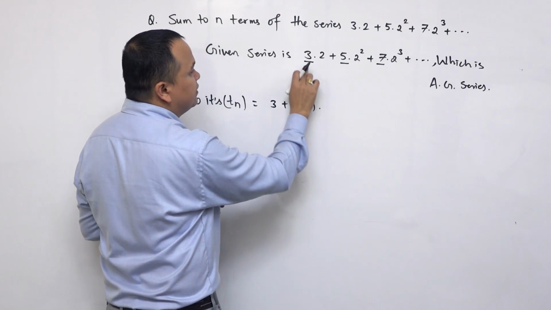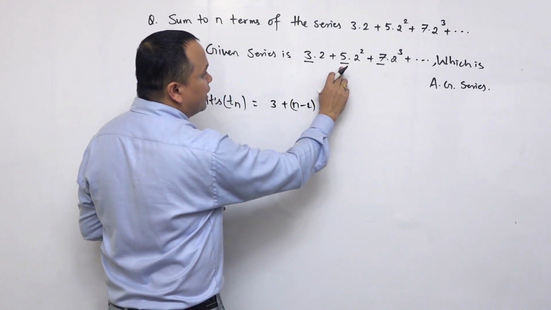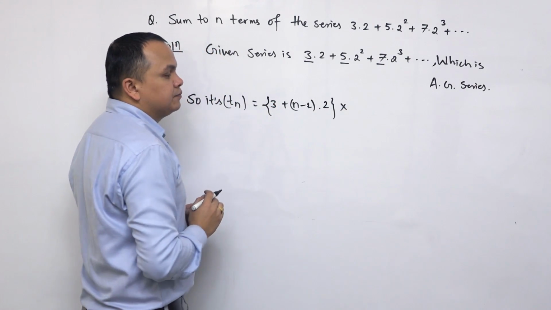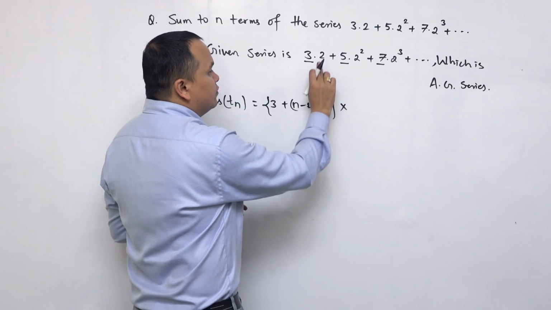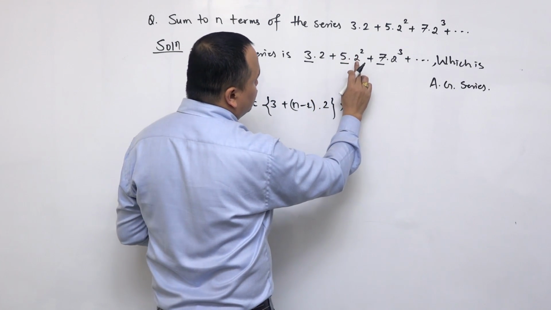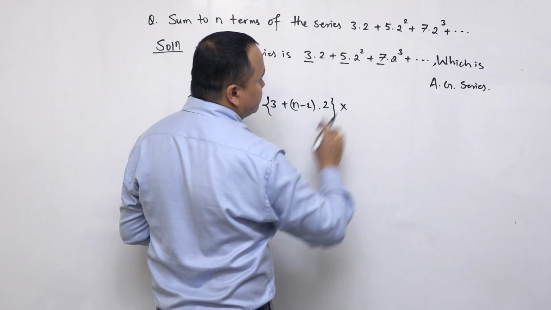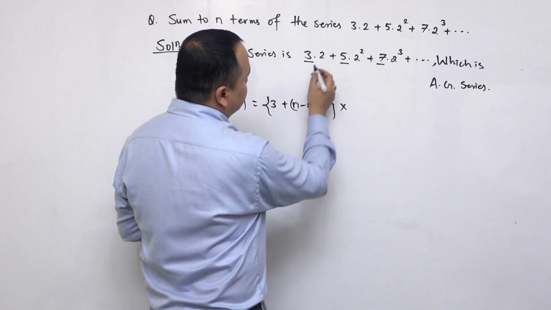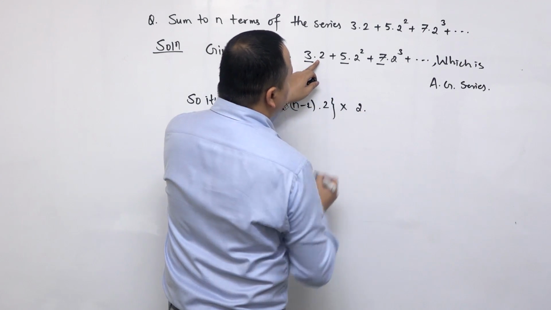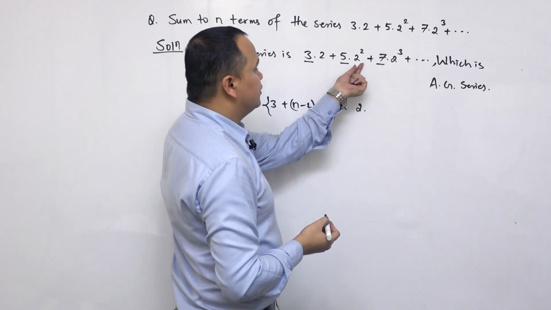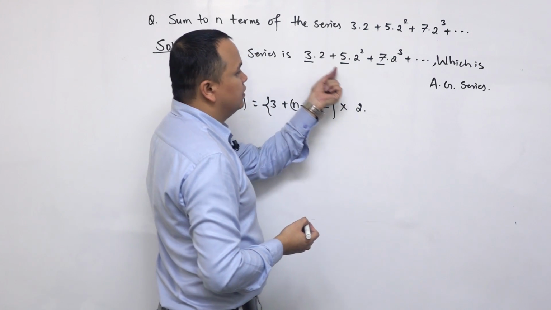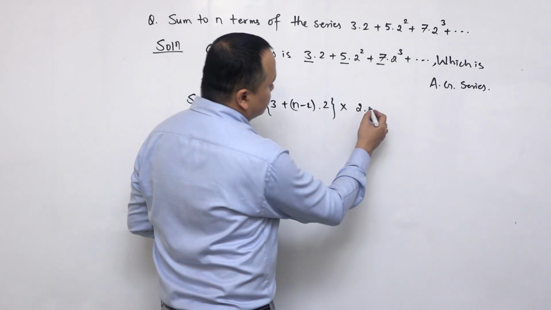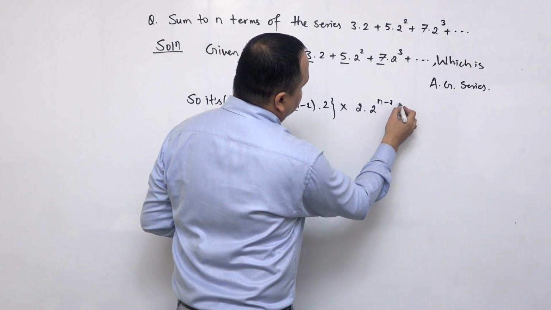The 5 minus 3, 2, 7 minus 5, 2, into the Tn of 2 square, 2 cube, which is A into r to the power n minus 1. Our A is 2 and r is 2 square by 2, or 2 cube by 2 square, which is again 2, so 2 to the power n minus 1.